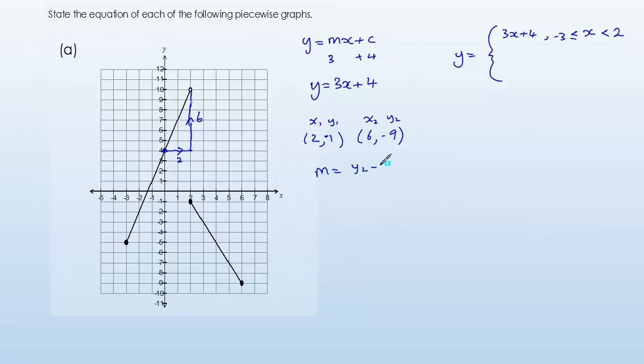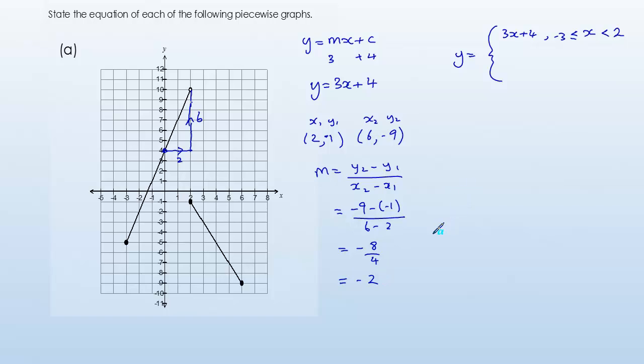So it's y2 minus y1 over x2 minus x1. So that's going to be -9 take away -1 over 6 take away 2. So that's -8 over 4, which is -2.